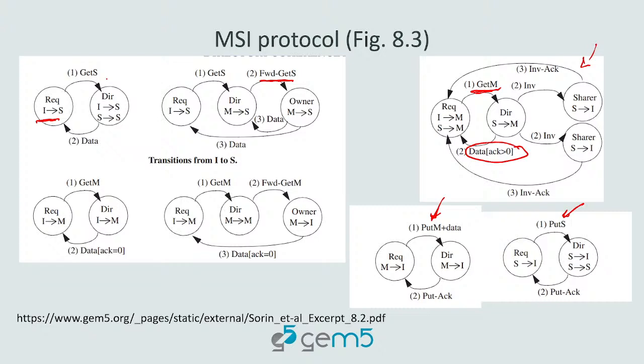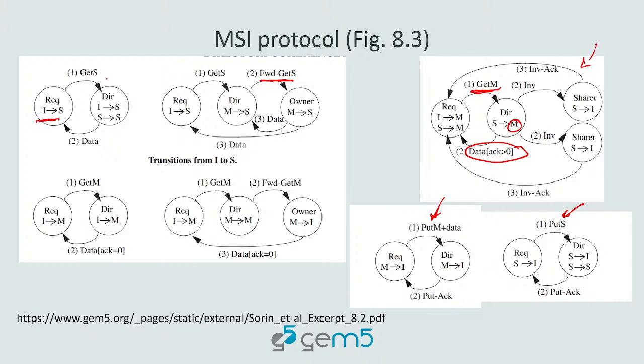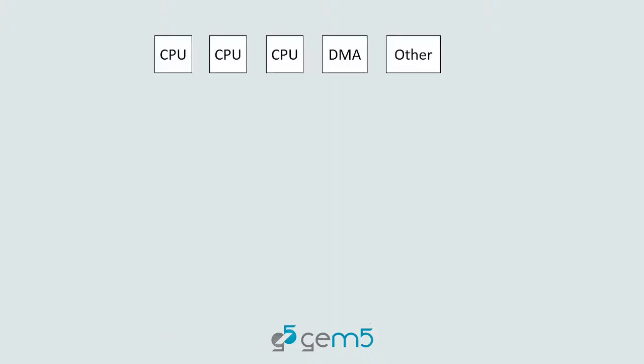So there's a little bit of extra state where we're counting a number of acknowledgments until we can finally transition to the M state at the directory, or at the local caches too, I think. Okay, question? Great.